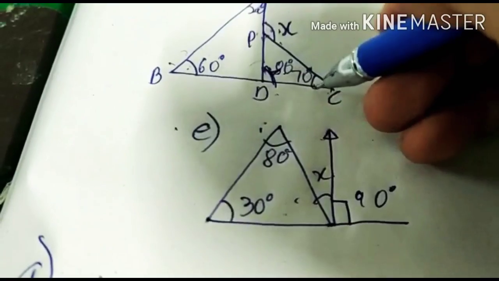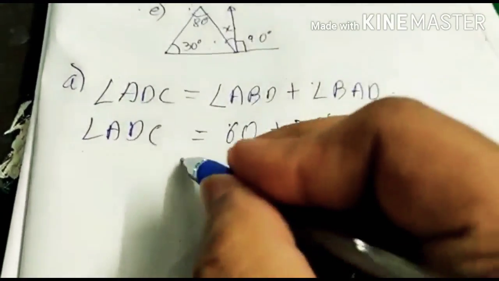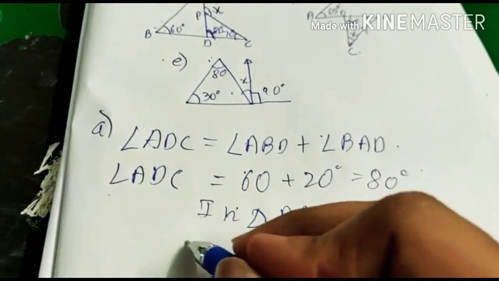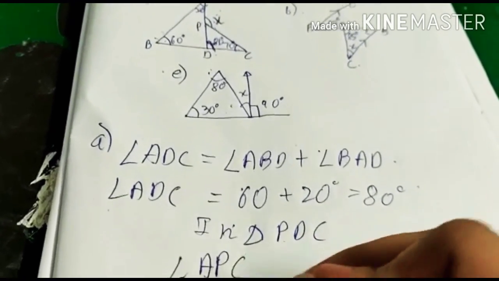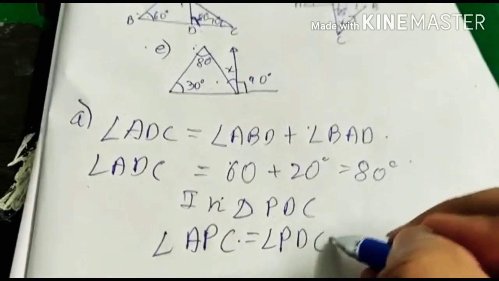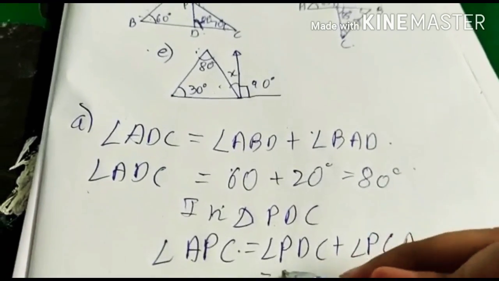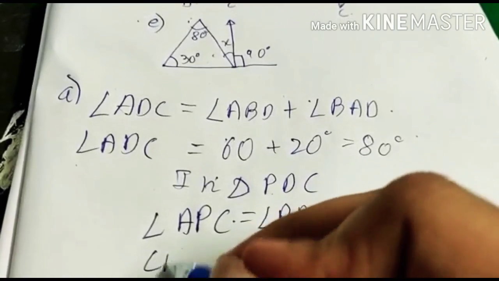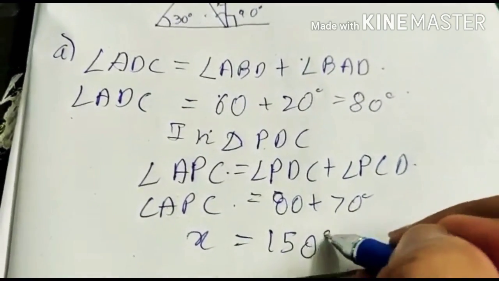So in triangle PDC, angle APC is equal to angle PDC plus angle PCD, that is 80 degree plus 70 degree. Angle APC, that is x, equals 150 degree.